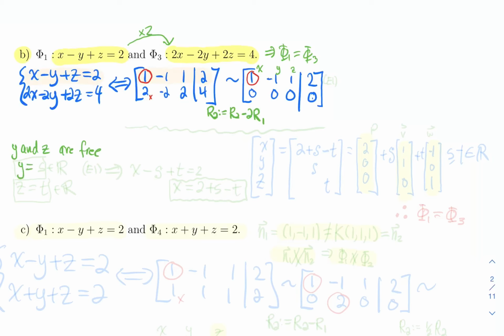So I will associate to y, let's say s, and for z I will use the parameter t.